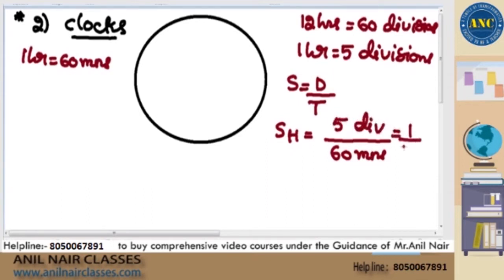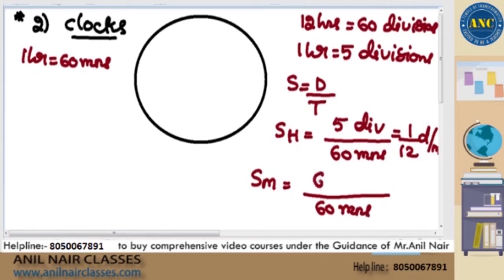So it is nothing but 1 by 12 division per minute. Similarly, the minute hand: for every 1 minute, it will travel 1 division. 60 minutes, it will be 60 divisions. So it is nothing but 1 division per minute.